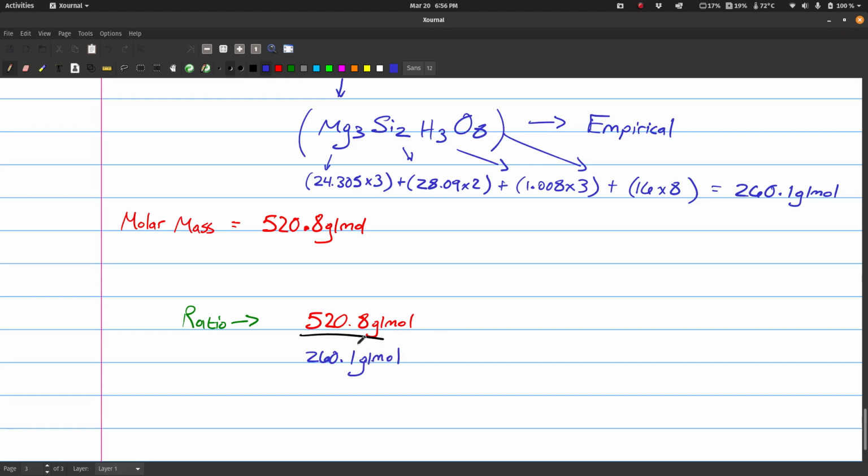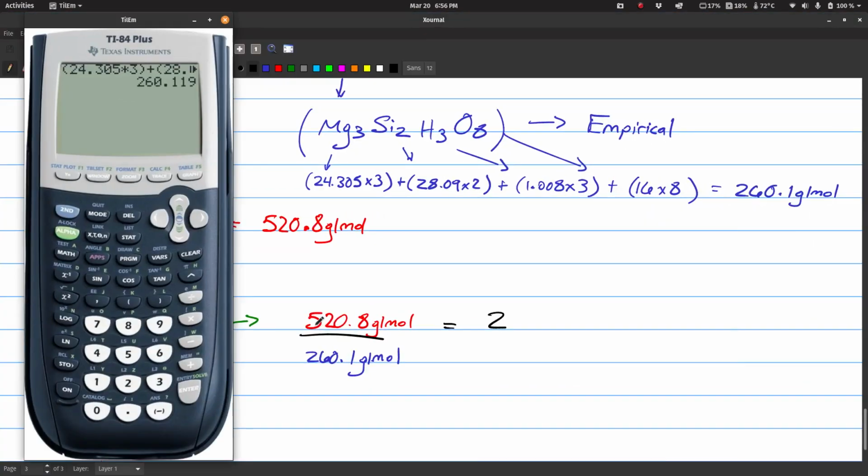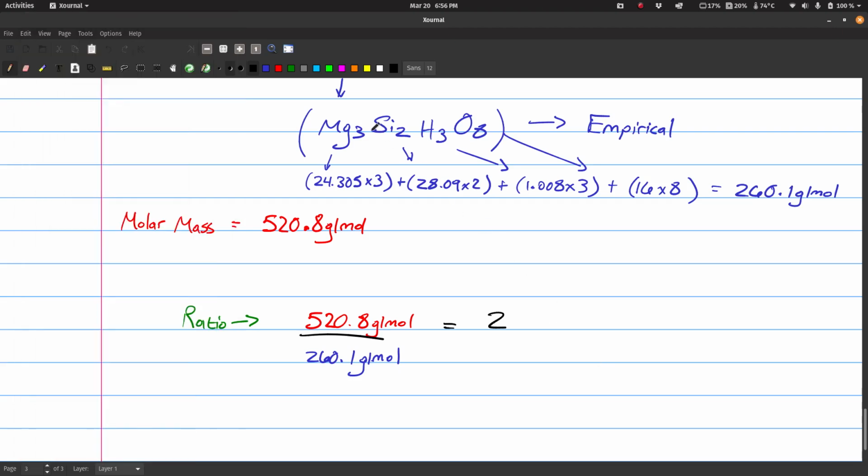If you just ignore the decimal points, this clearly is going to be 2. And I'm going to show you in the calculator. A lot of times you can just ignore it and do it in your head. 520.8 divided by 260.1. And very easily we know that this ratio is 2. So we're going to take this ratio and multiply it by our empirical.